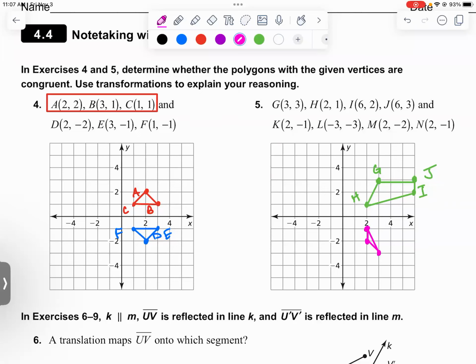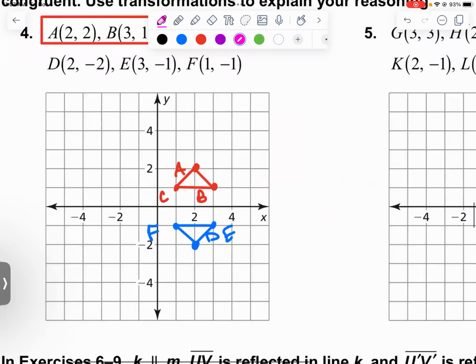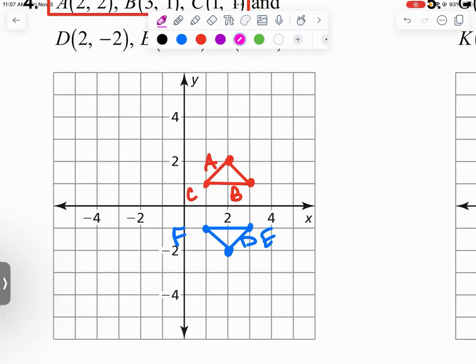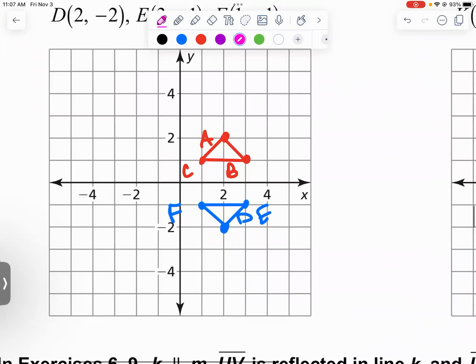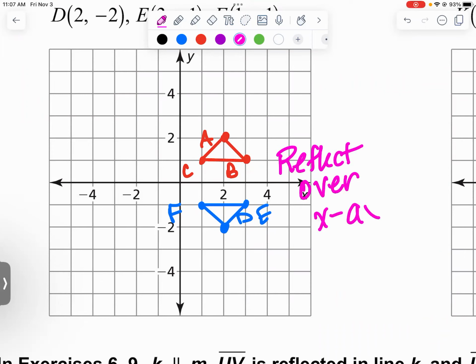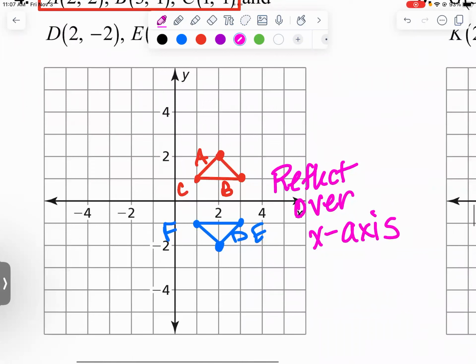Spider-Man's good. Okay, are these two shapes in number 4 congruent? Yes. Okay. How so? Oh, they reflect over the x-axis. Is that all it is? Just a reflection over the x-axis?